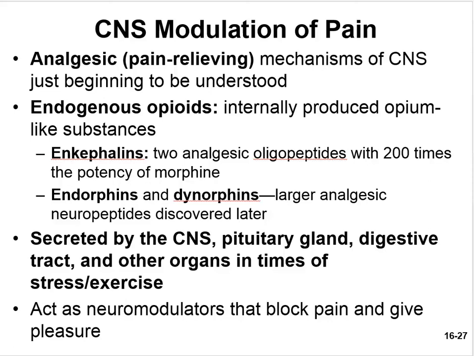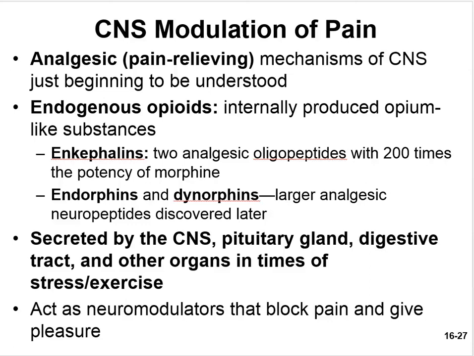And so what they discovered is that the central nervous system internally produces opium-like substances. They're called endogenous opioids, and they're divided into a few different groups. Enkephalins are two analgesic oligopeptides with 200 times the potency of morphine. Later, they discovered some other ones that they call endorphins and dynorphins.